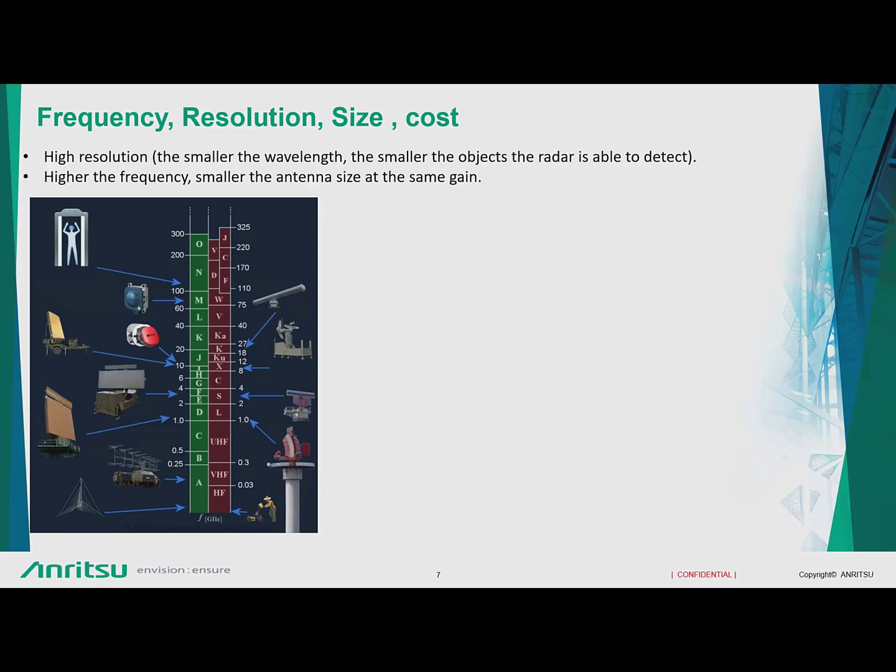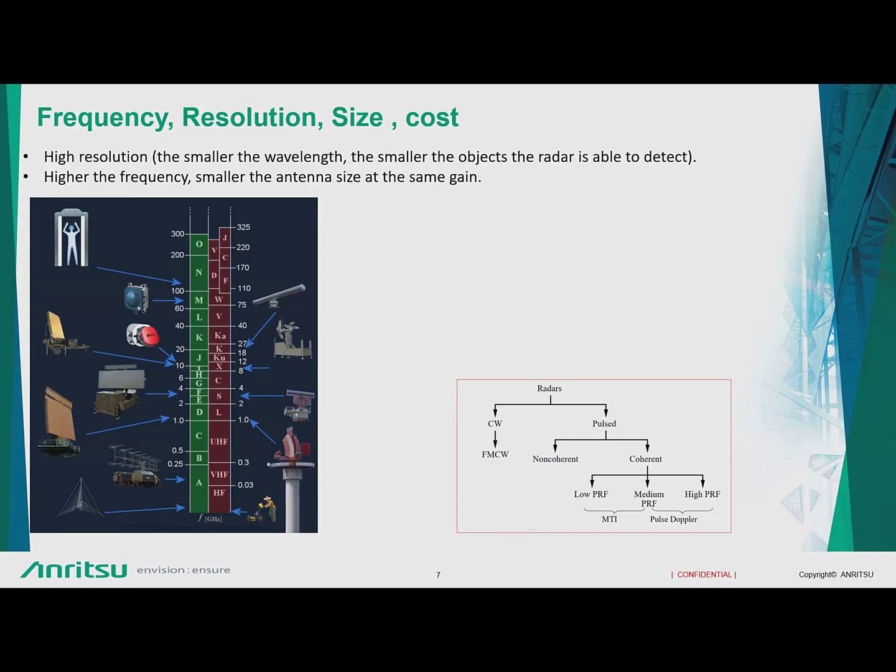Now radars have different classifications as well, as you would see from this image. Radars are basically divided into two categories, CW and pulse. But in the pulse domain, you have non-coherent and coherent, and then these are various applications again. So low PRF means low pulse repetition frequency. That means the on and off time from one pulse to the other is called the PRF.